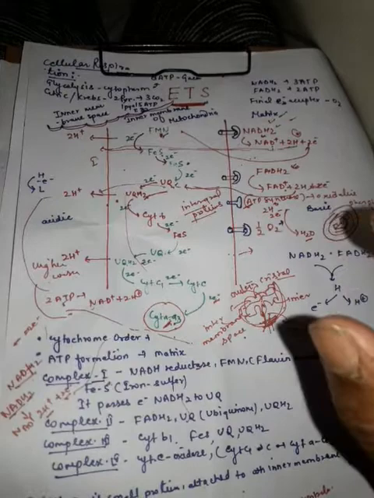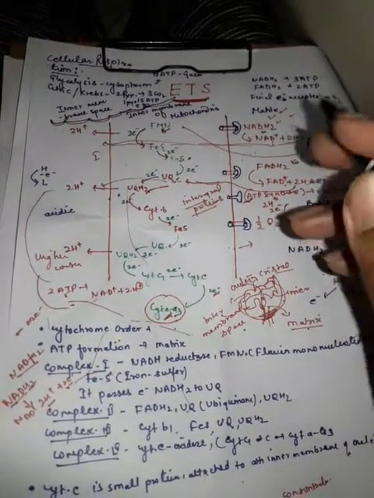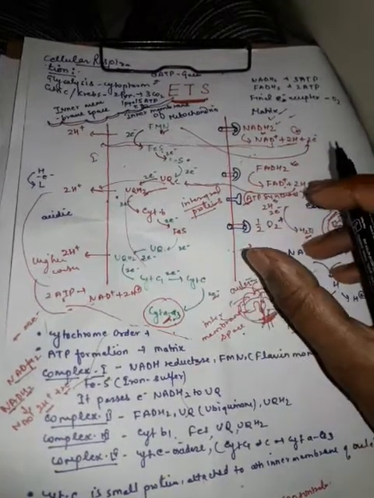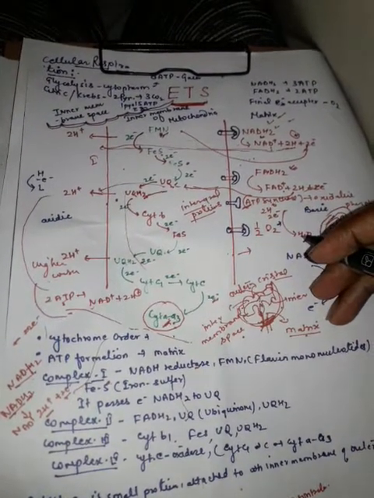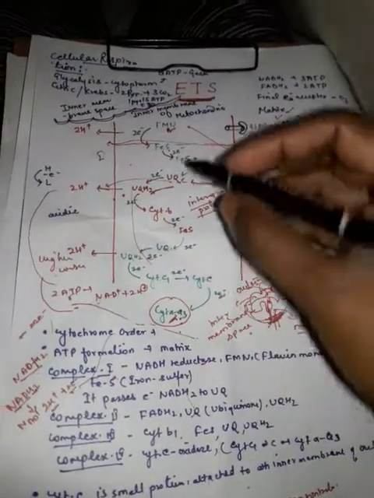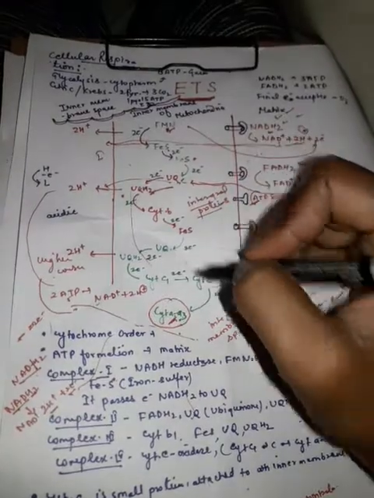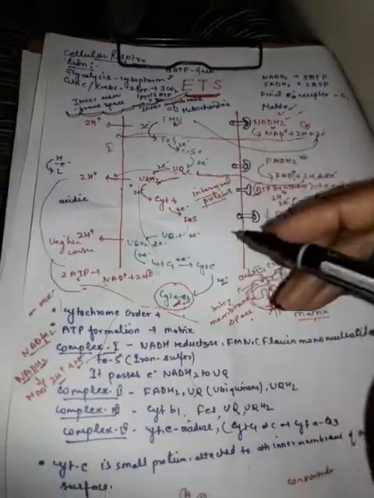So the final electron acceptor will be oxygen, okay. Where does the ETS cycle take place, and where does ATP formation take place? ATP formation takes place in the matrix, okay, and the ETS cycle takes place in the inner membrane of the mitochondria, okay.